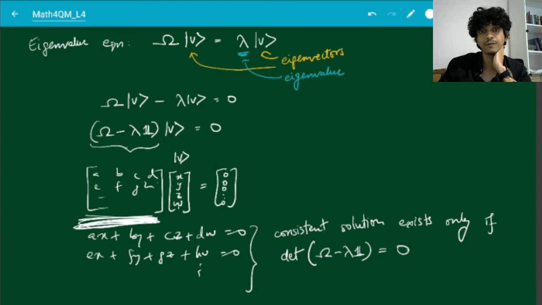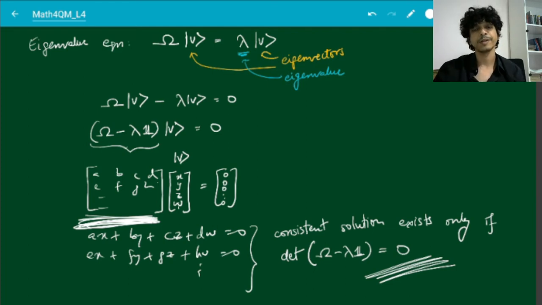Only then can you solve this consistently to get x, y, z, w, the unknowns, which is to get the eigenvector. So this is the equation that we need to solve. Given any matrix operator omega, you construct the matrix omega minus lambda I, you take its determinant and you set that determinant to 0. So you will get some equation in lambda. You solve that equation to find the values of lambda. Those are your eigenvalues. And then from there you can find the eigenvectors.